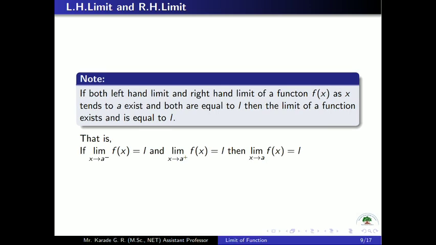That is, if limit of f of x as x extends to a minus is equal to L and limit of f of x as x extends to a plus is equal to L, then we say that limit of that function f of x as x extends to a is equal to L.